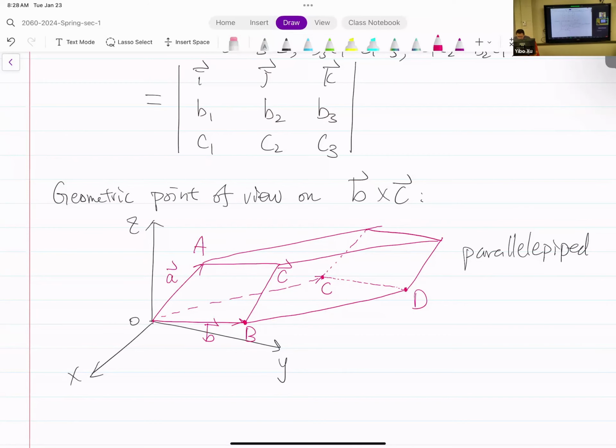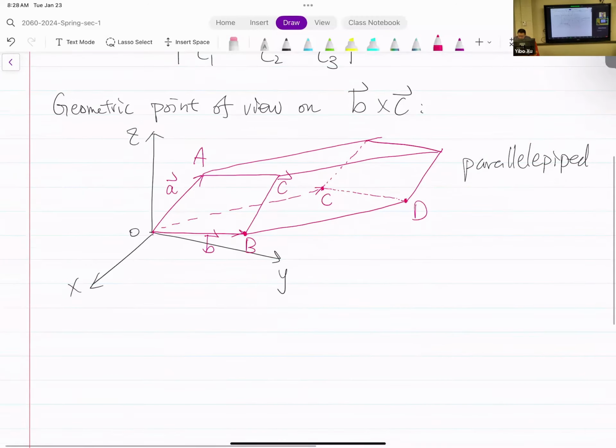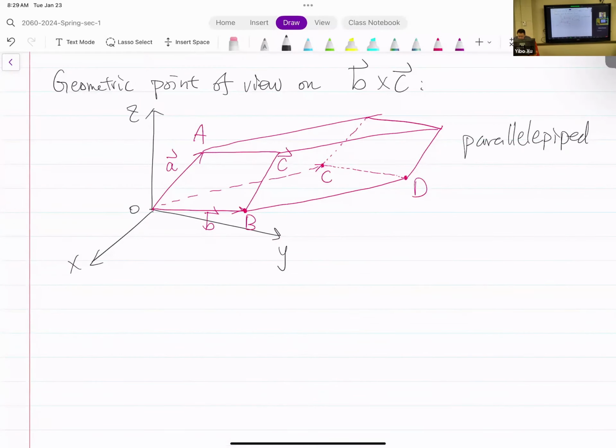Okay. So basically, from three vectors A, B, and C, we'll be able to form this solid in the space. And we want to get volume.